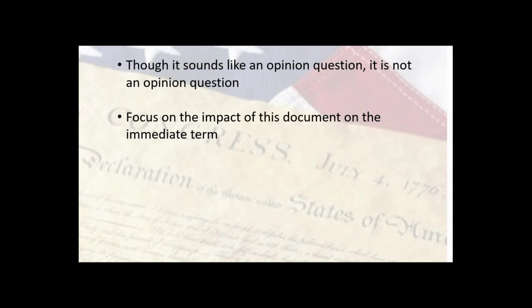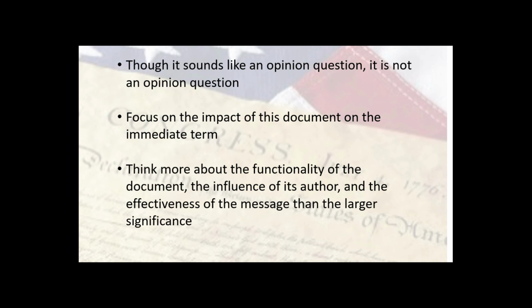And it also, if you want to think a little bit wider on this, had a significant influence on other revolutions that followed similar patterns after this, like the French Revolution or the Haitian Revolution. So these are the kinds of what do we think about this questions that we're actually looking to answer here. And again, as with the very first question, I want you to think more about the functionality of the document, the influence of the author, and the effectiveness of the message than any sort of larger symbolic or present-day significance.